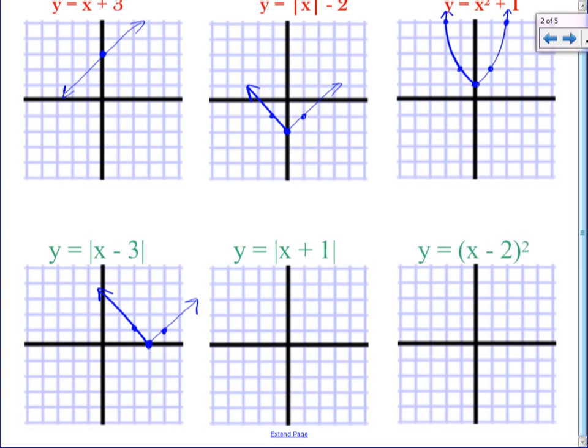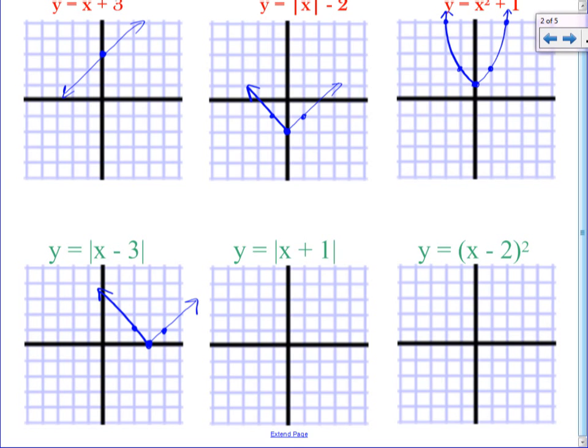Okay. It doesn't have to do with the absolute value. It's the rule where whenever it's with the x value, it's the opposite direction on the x-axis that you think it should go. And I'll explain when we get to the equation why that is. But anytime it's with the x, whether it's absolute value like the first two or the parabola on the end, if it's positive, it goes to the left, and if it's a negative, it goes to the right.